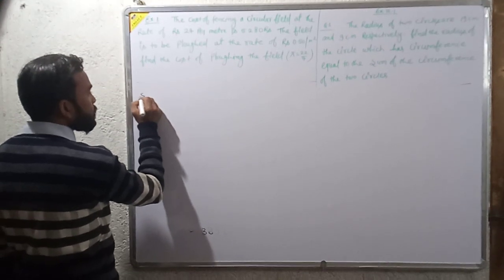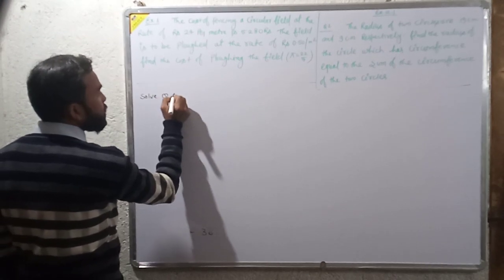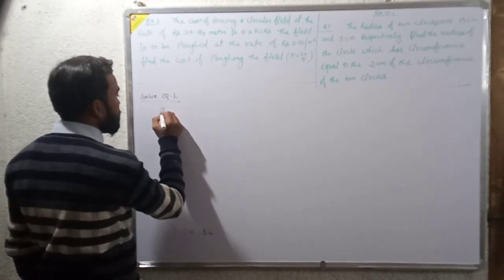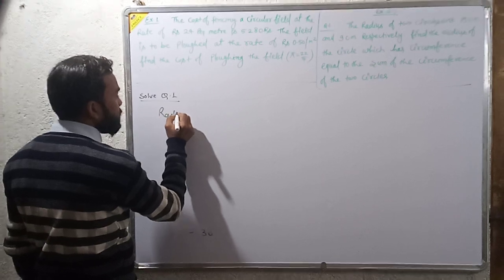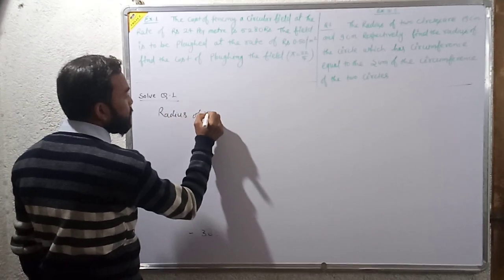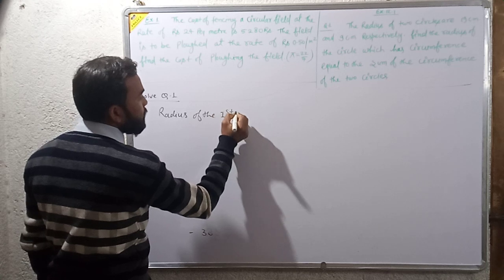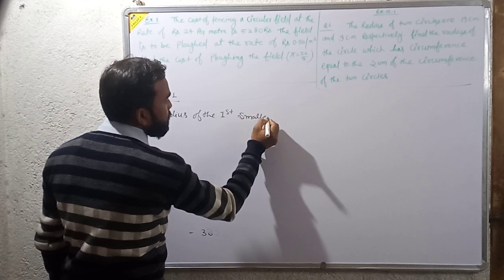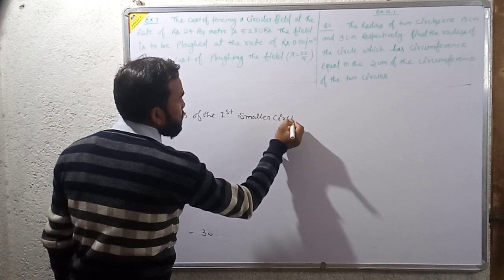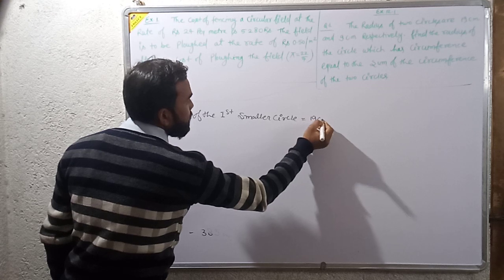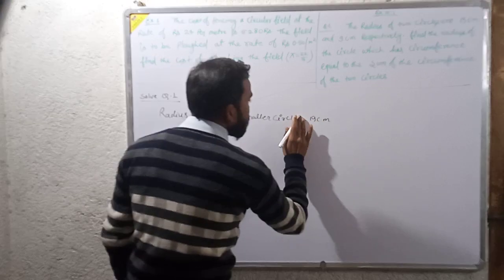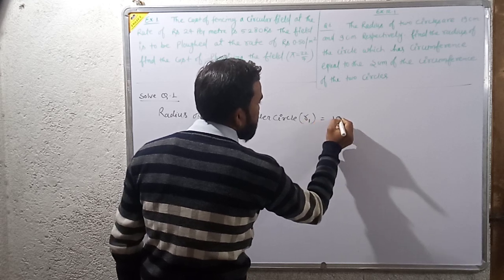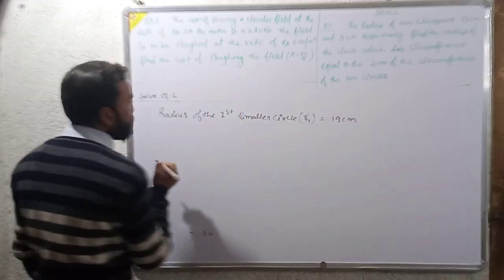Here the radius of the first smaller circle is equal to 19 centimeter. Let us suppose this is r1 is equal to 19 centimeter.